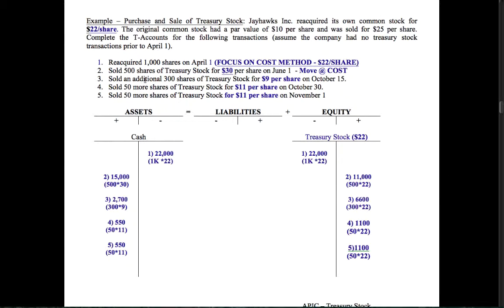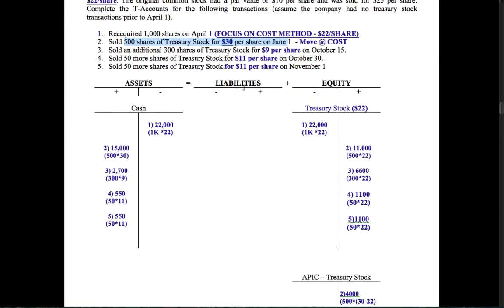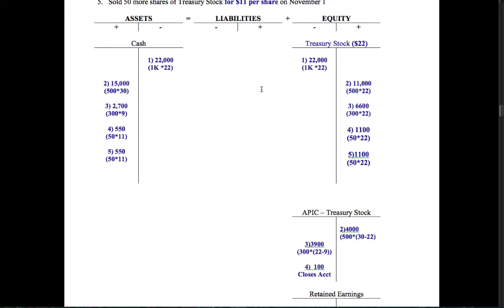Make sure you understand the difference in the entries for when you paid more than what you received. So when you paid more to acquire than what you received when you resold it. And then also the entries that are required when you paid less than what you received when you resold the shares, as they are different in how the transaction works.